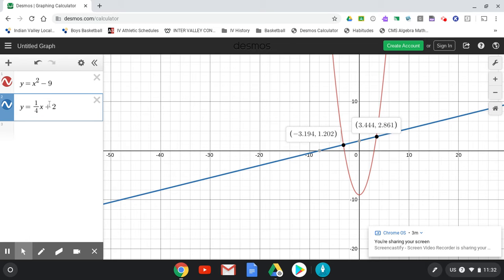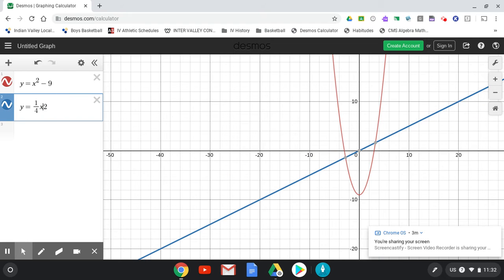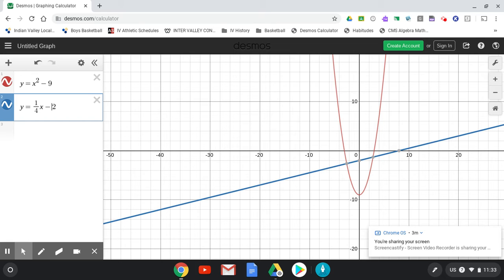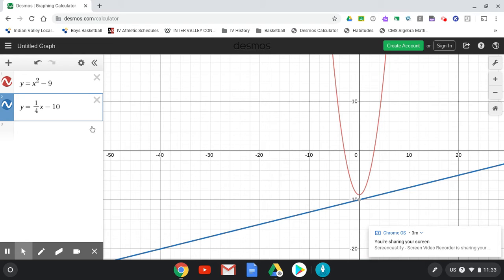Now, let me take this same equation and subtract 10. And now there would be no solution because these two graphs would not intersect.